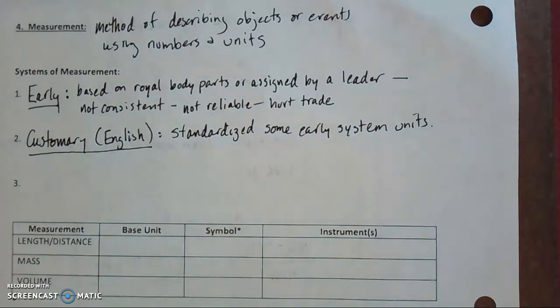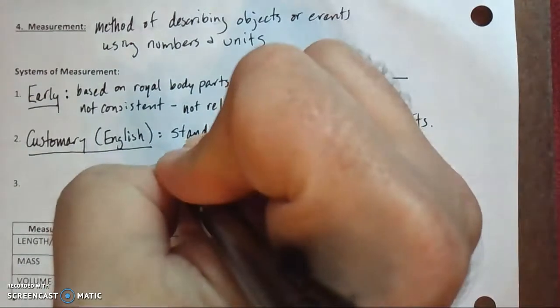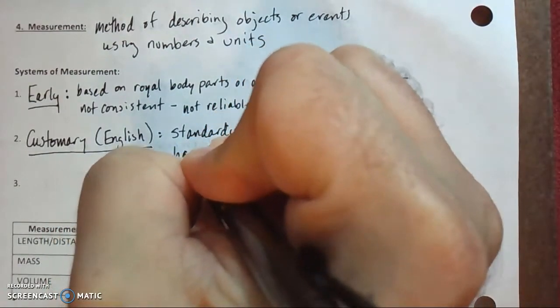Those are standardized. So if I have a gallon in the state of Pennsylvania, I know that if I buy a gallon of something in California, it's going to be the same. Or if I go to a country that still uses the English system, I know that a gallon is a gallon.